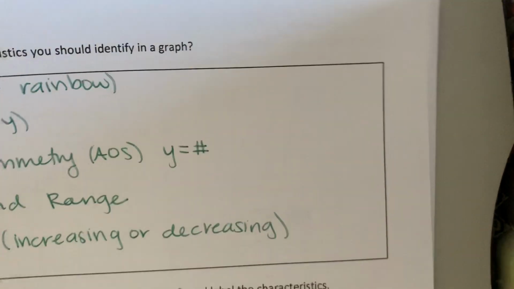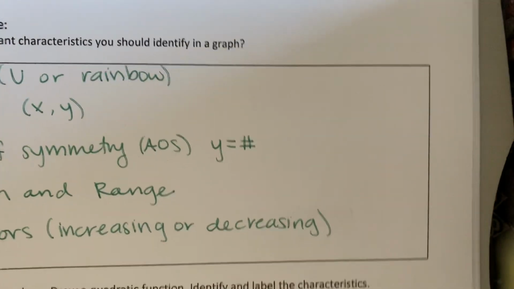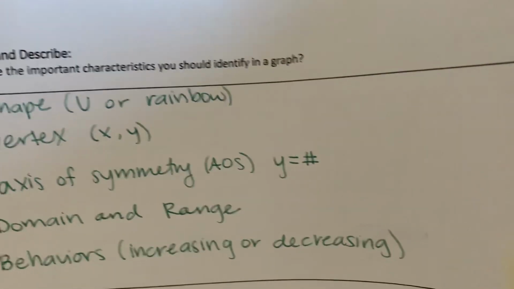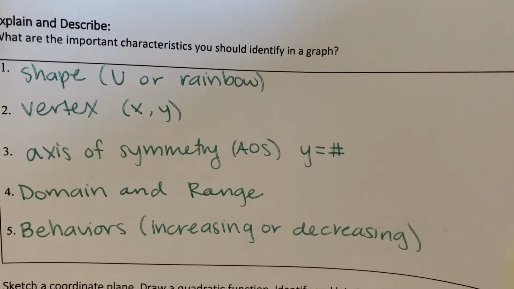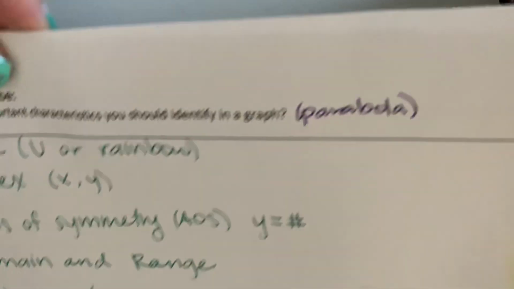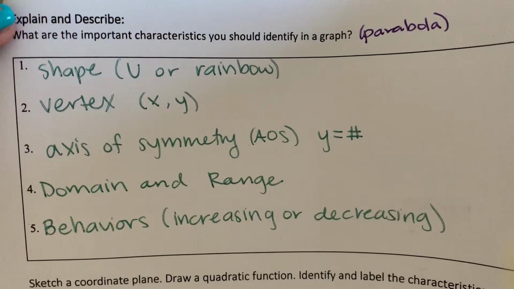All right. So, explain and describe important characteristics you should identify on a graph, specifically a parabola. The things I want you to be able to identify is its shape.